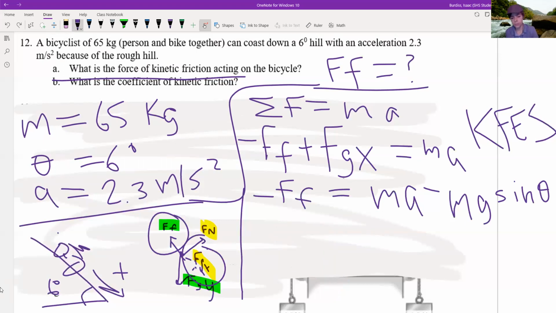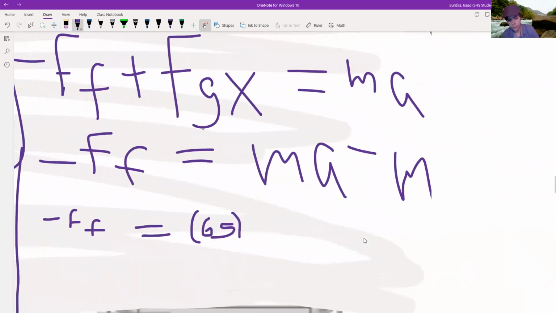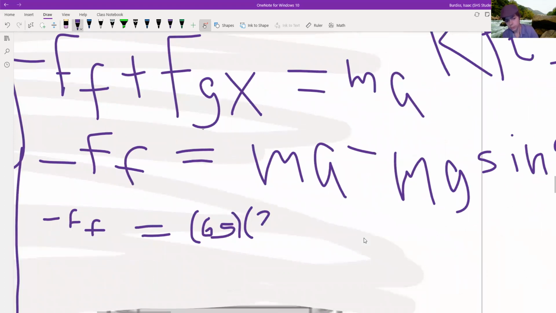So negative F is, let's plug in what numbers we have. The mass is 65. The acceleration is 2.3, minus the mass is 65.